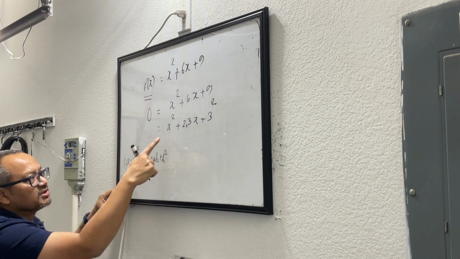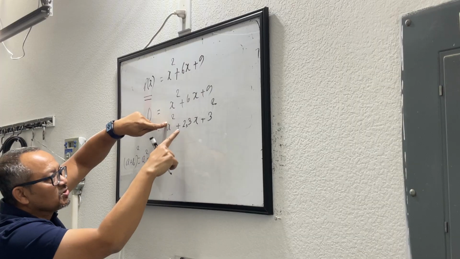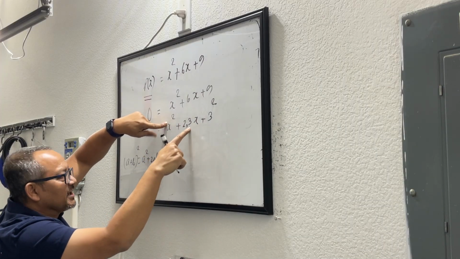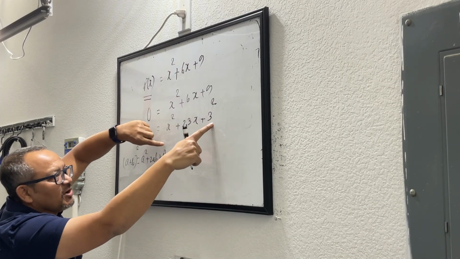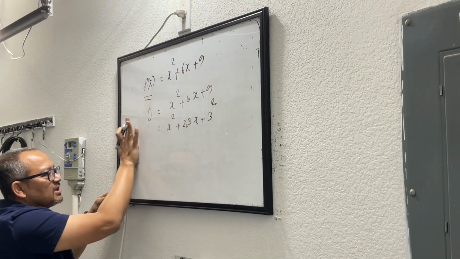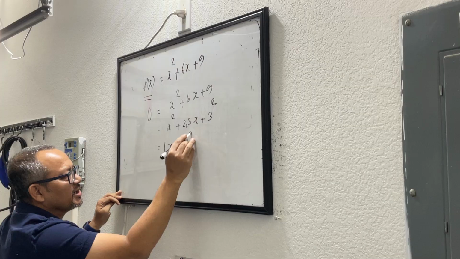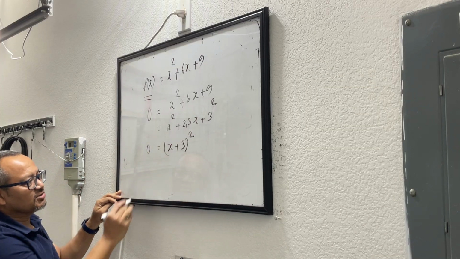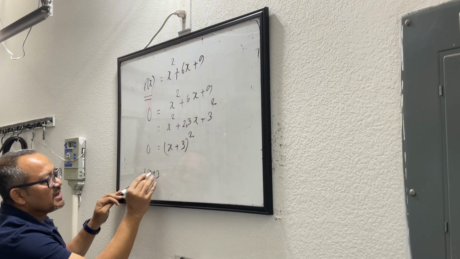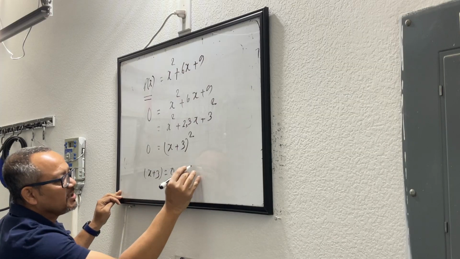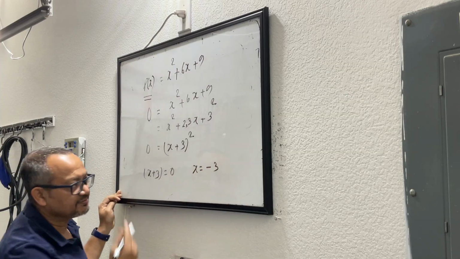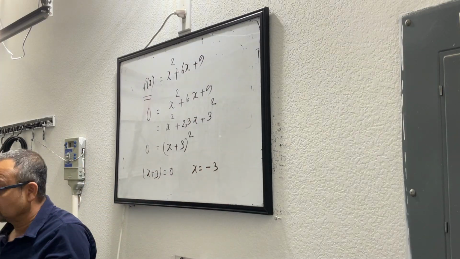So this is x squared plus 2x into the second term plus square of the second term. So this is nothing but x plus 3 whole square, which is equal to 0. That means x plus 3 equal to 0. That means x equal to minus 3. This is just the mathematical solution of it.